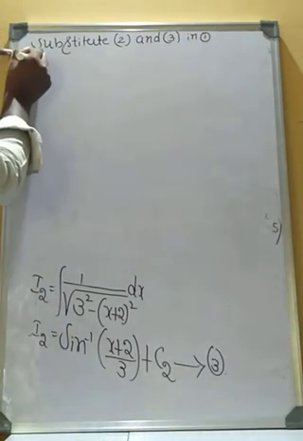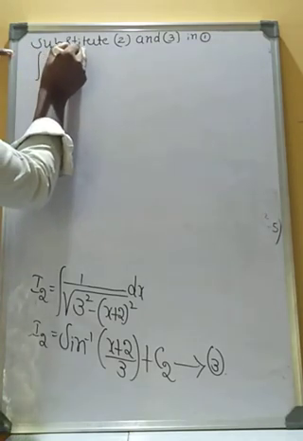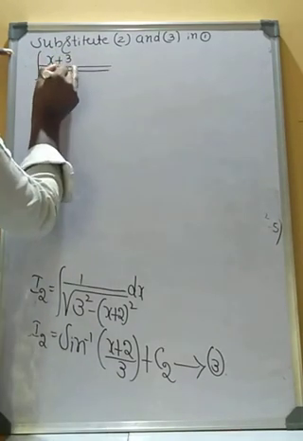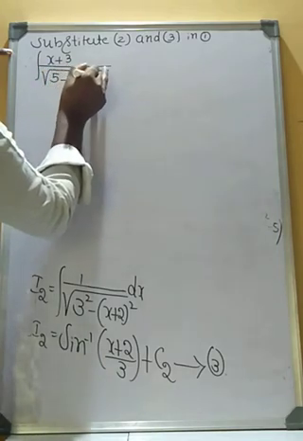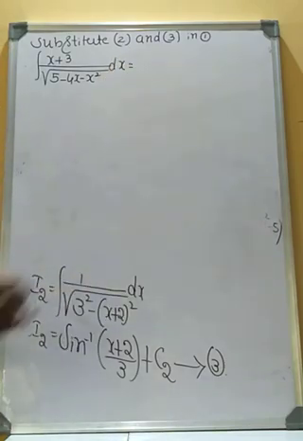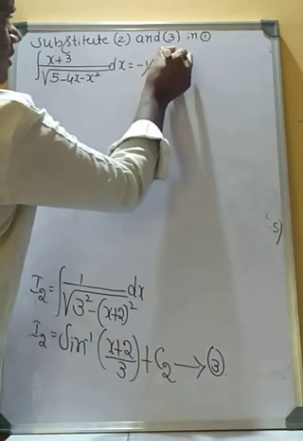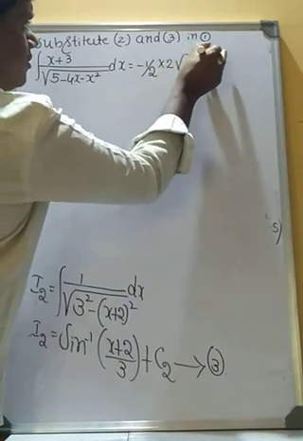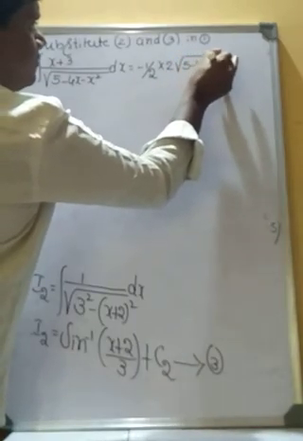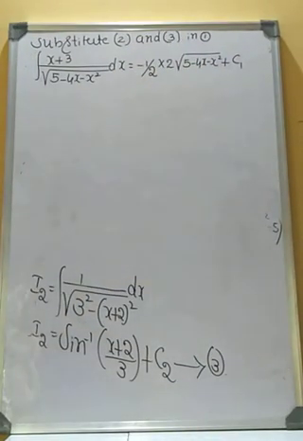Therefore, on the left hand side, integral of (x plus 3) divided by root of 5 minus 4x minus x square into dx is equal to minus 1 divided by 2 into I1, which is 2 into root of 5 minus 4x minus x square plus c1. What is I2?